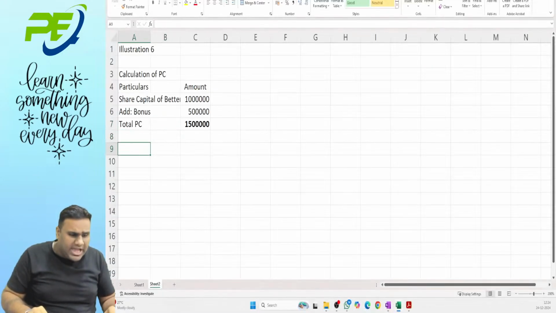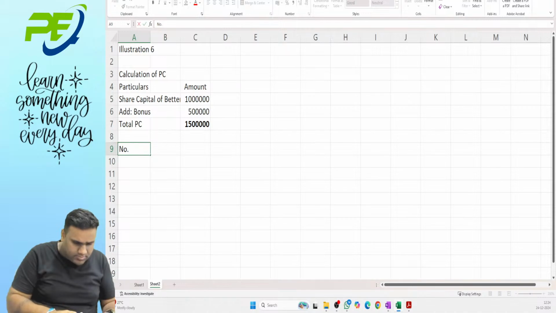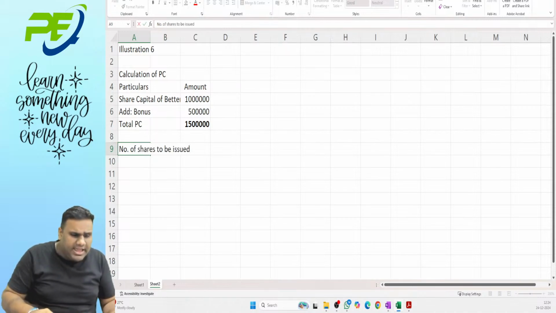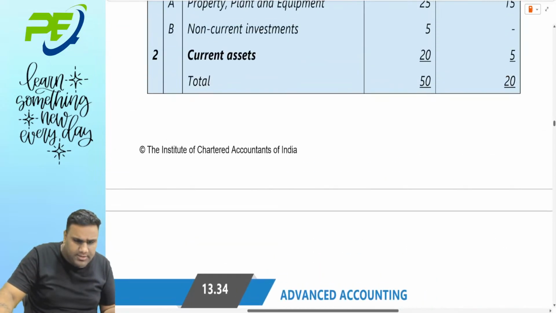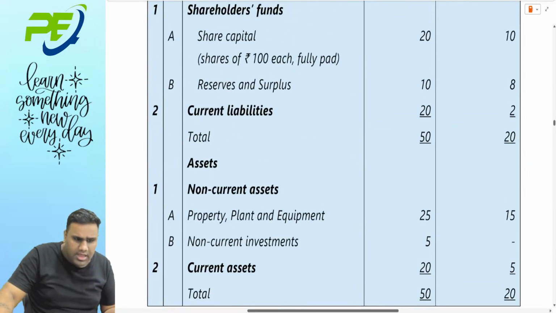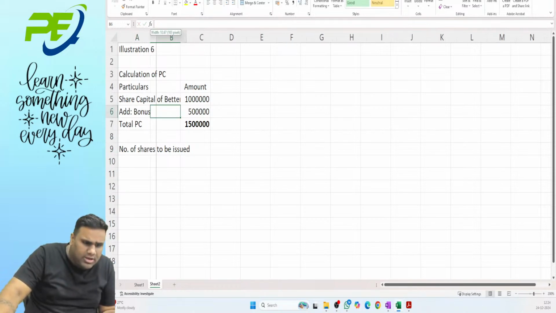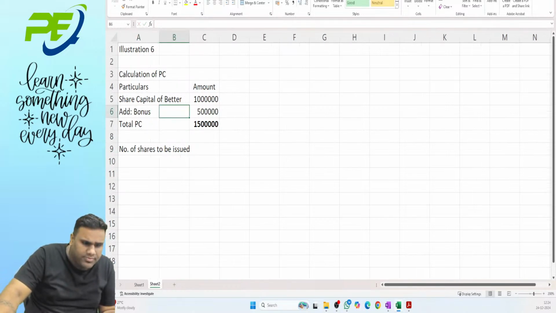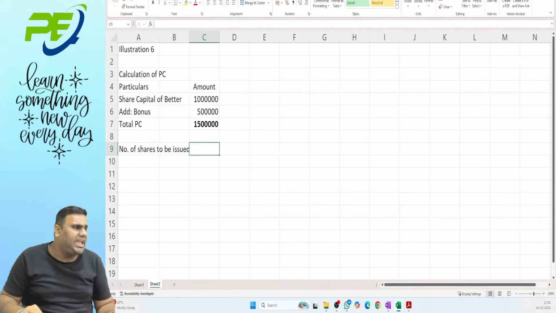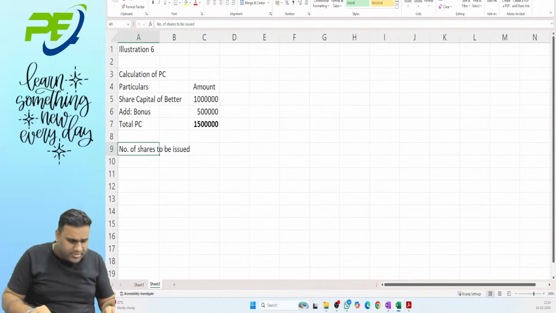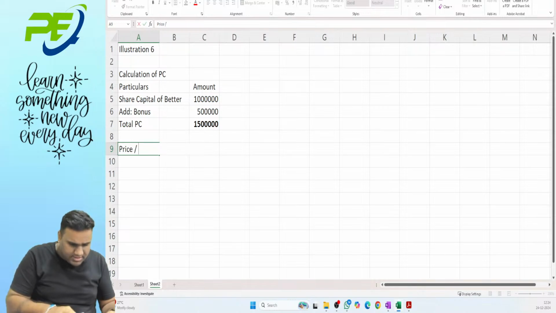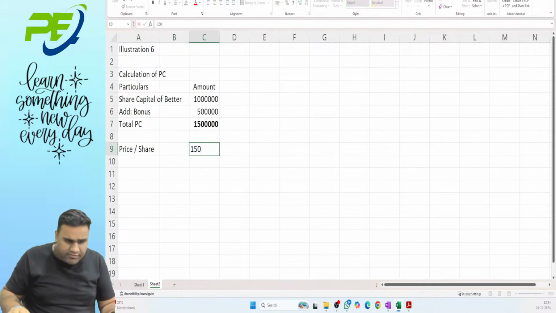But the number of shares to be issued: will they issue at face value of 100 rupees? No, why? Price per share is 150.